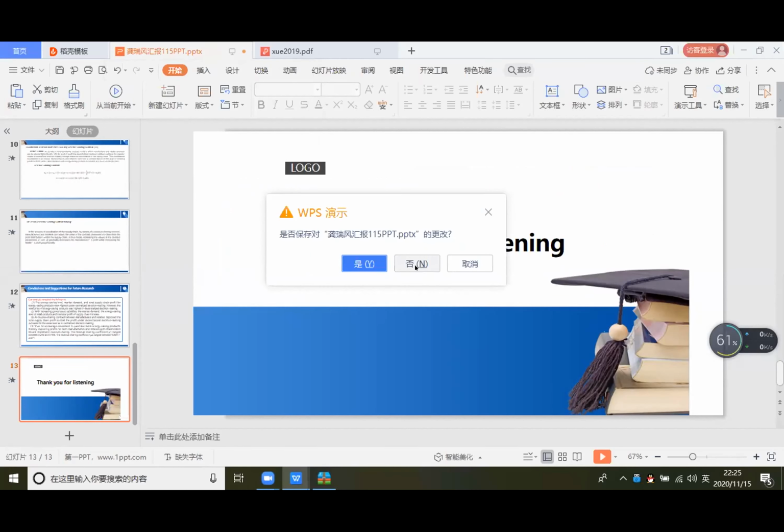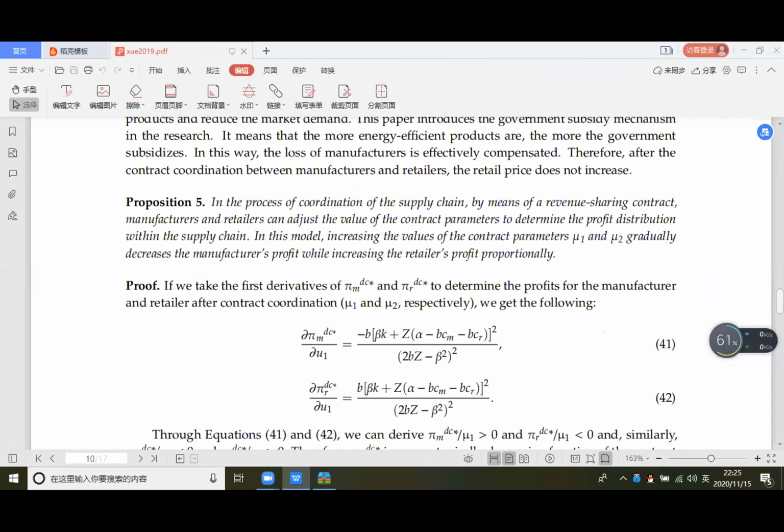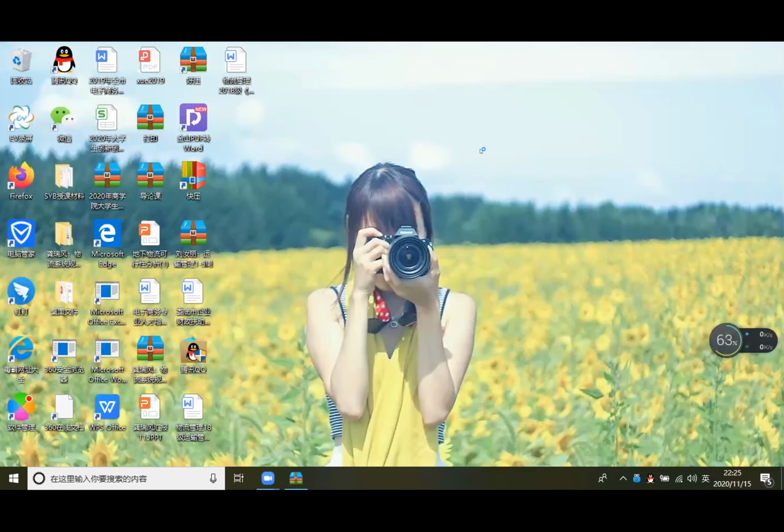And the next presentation is the last presentation in the game theory section. The presenters are Ye-Pei Chen and Chen Min.